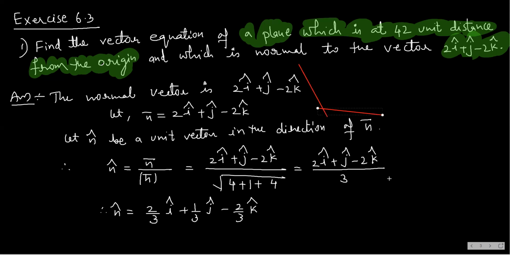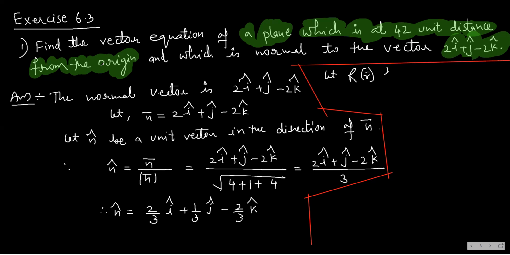Now what I will do? I will go for the equation of the plane. So now see here, I write, let r bar be a variable point on the plane.